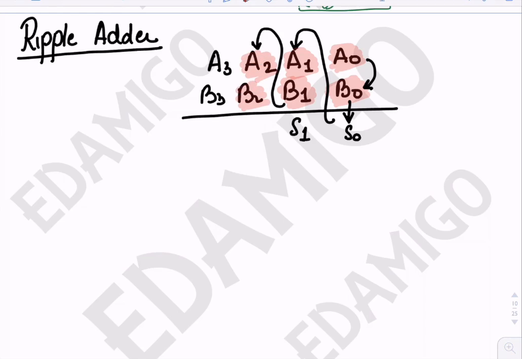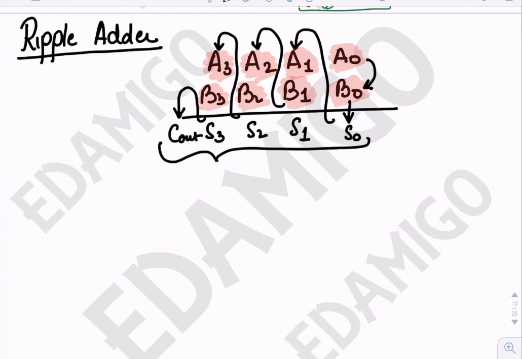The carry, A2 and B2 will be added to produce S2, and again a carry will be generated. That carry is added with A3 and B3, and we get S3, and a carry is generated, that is C out. So this is the output, and this is how the ripple carry adder works.